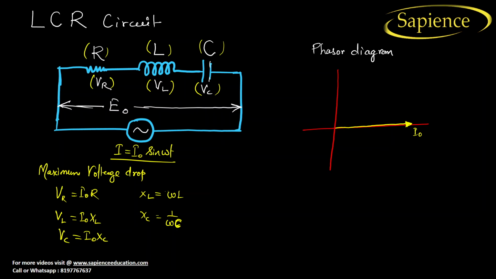Earlier we used to take omega t from this, but now we are assuming this reference line here only, so that we can get a proper representation. It is not that it is not making an angle. Let us consider the line must be here only, from where we are taking the reference. So don't bother about this. It is useful for the representation. So there is I naught, and we can put I naught here.